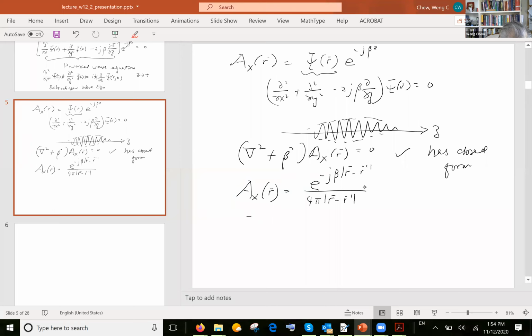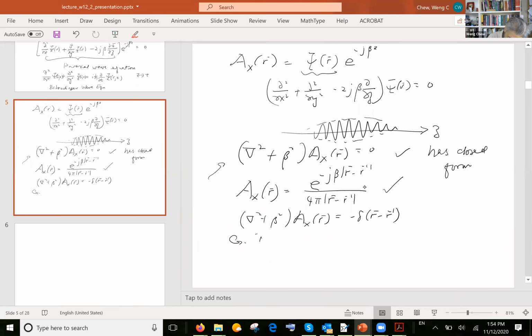This is a solution when the Helmholtz wave equation becomes inhomogeneous. Okay, but let's do a very interesting trick. How can we make the right-hand side 0 so that the solution that we have written down here is always the solution to this equation? Okay.